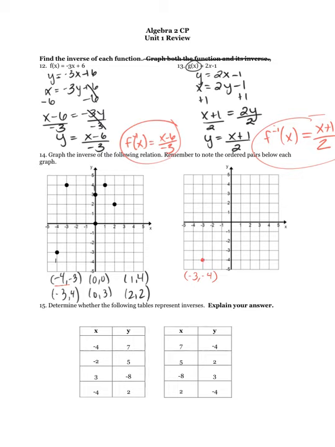Then I'm going to come down here, and it's going to say 4, -3. 0, 0 obviously stays the same. Now here becomes 3, 0. This one becomes 4, 1. And 2, 2 obviously stays 2, 2.